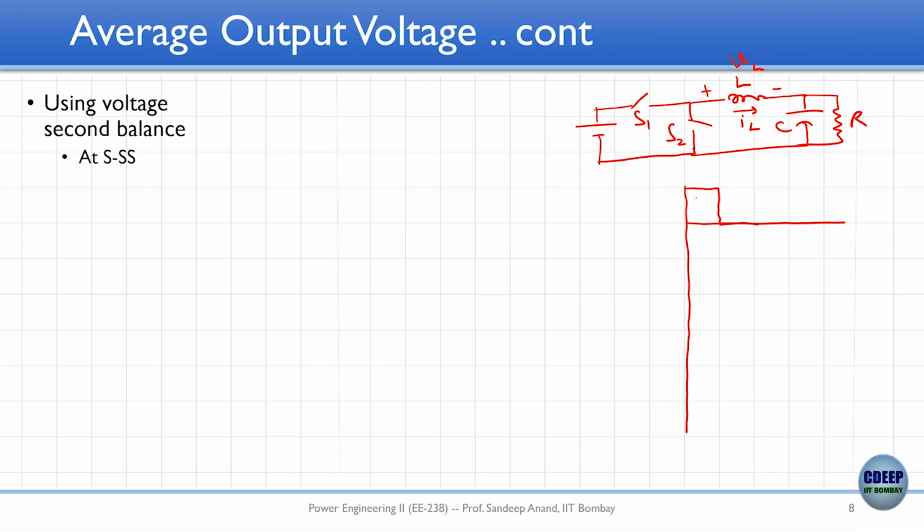If this is S1 on and this is S1 off, then as we have done before, I can draw the inductor current starting from this point, going up, coming down, right? Of course, when S1 is off, then S2 is on, right? You understand that? When S1 is off, S2 is on, they are complementary, which we have already seen before. So the inductor current would rise, inductor current would fall. This is 0, dTs and this is Ts.